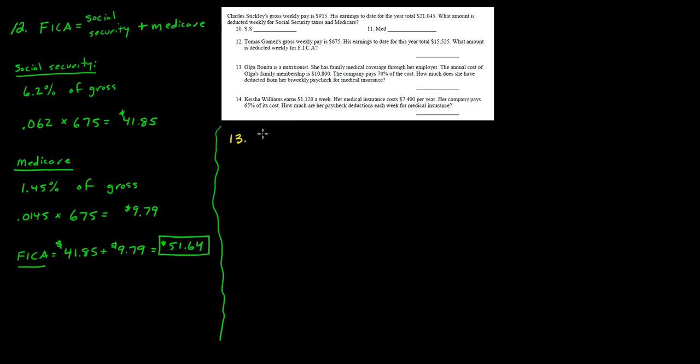So we take the total percent, 100%, and subtract the amount that the company pays, and that would leave us with our percent that we have to pay. So here we have 100%. The company is paying 70%. So we are left paying 30% of the total amount.